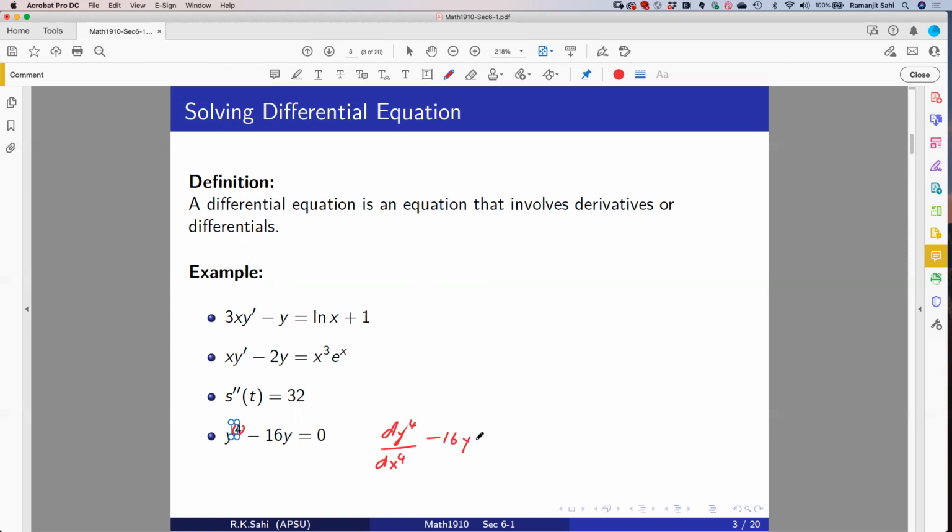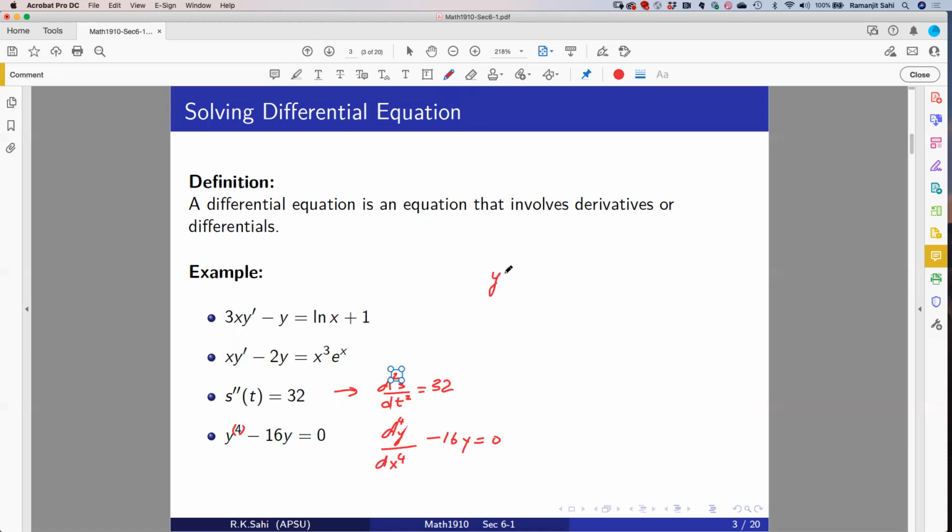Similarly, we can write s''(t) as the second differential of s with respect to t. So d squared s over dt squared equals 32.